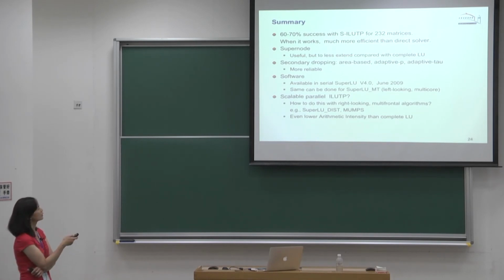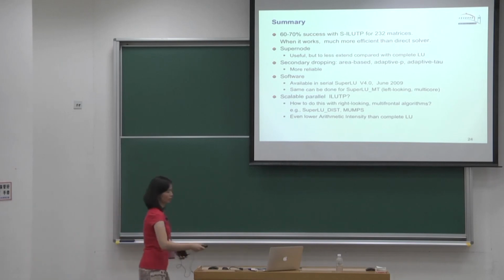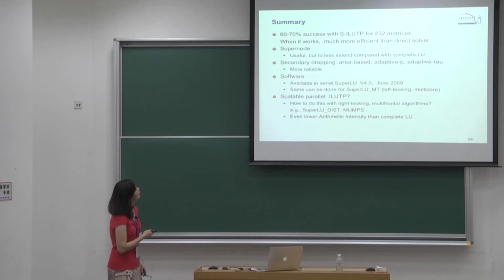It's much lower than exact LU. So it's very difficult to do this in parallel. I think we can put the same algorithm in the shared memory code, SuperLU-MT, very easily. But right now we don't have a good solution to distribute it in SuperLU, for example, or in the multifrontal code. So in both of these, there's no parallel incomplete ILU preconditioner.